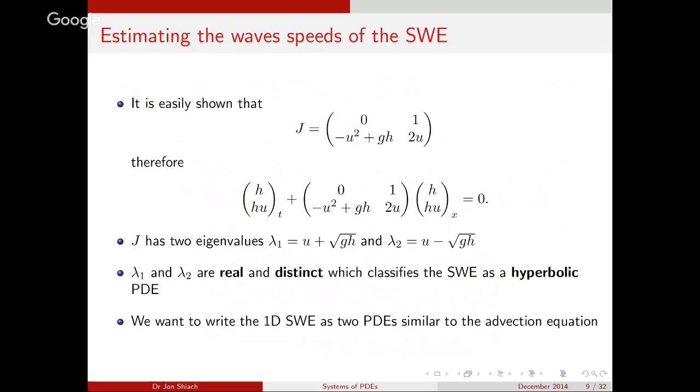If I convert that back, I've got minus U2 squared. So that's going to be H squared U squared, divided by U1, which is H squared, plus G times H. So that's just GH. GH minus U squared, or minus U squared plus GH.